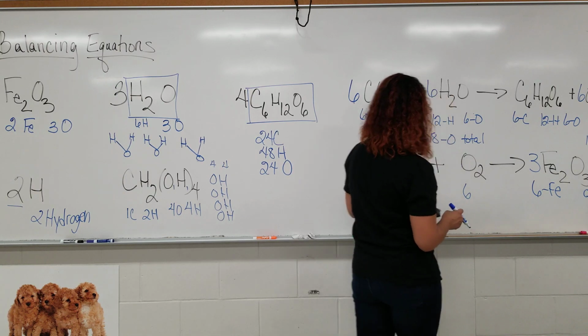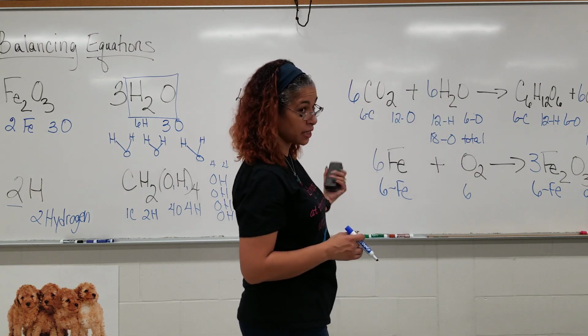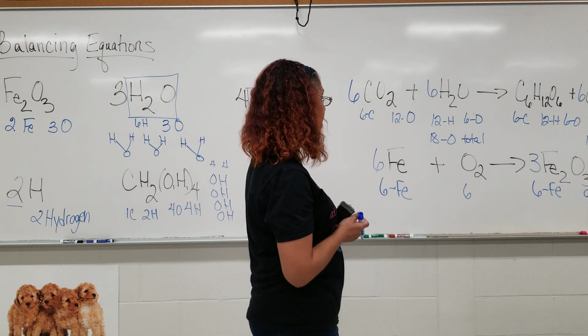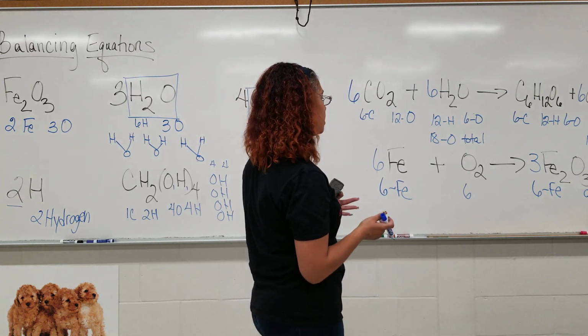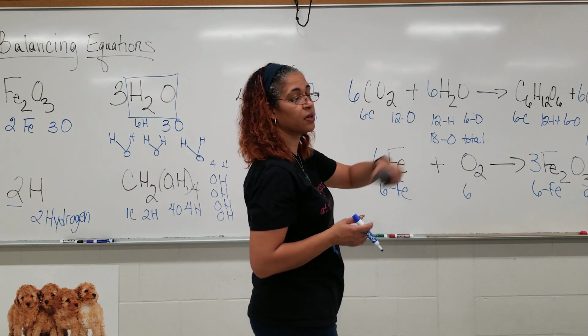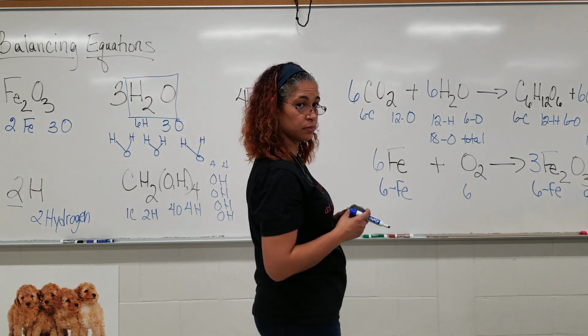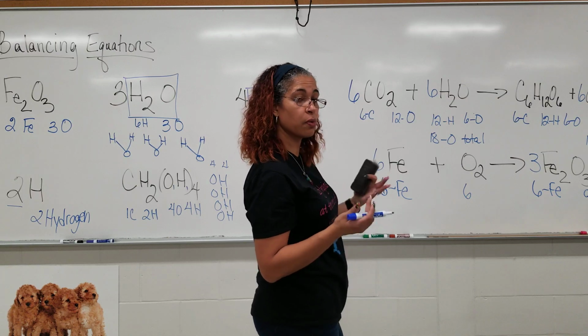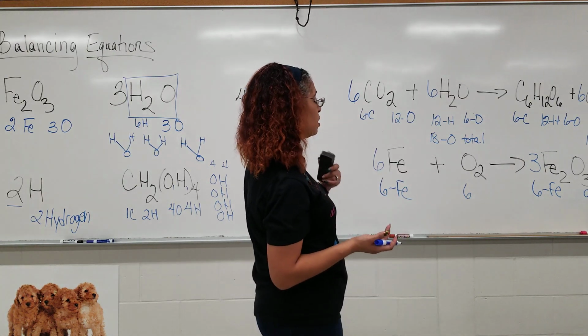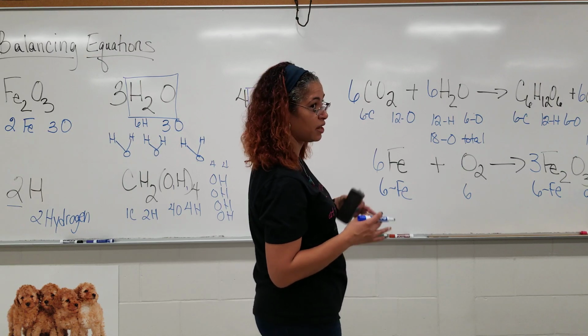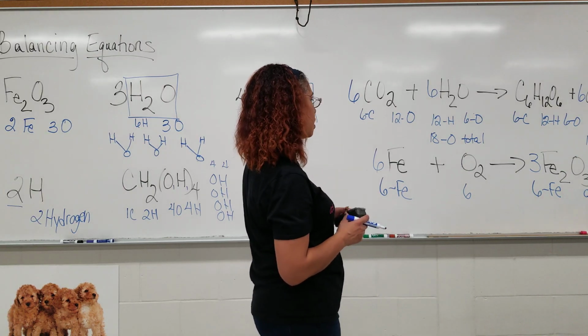So clearly I'm going to have to change things a little bit. And we can see with 6 moles of iron oxide, we won't be able to make an even number of iron, 6 moles of iron, excuse me, and balance this equation unless we have a fractional amount of O2 molecules.